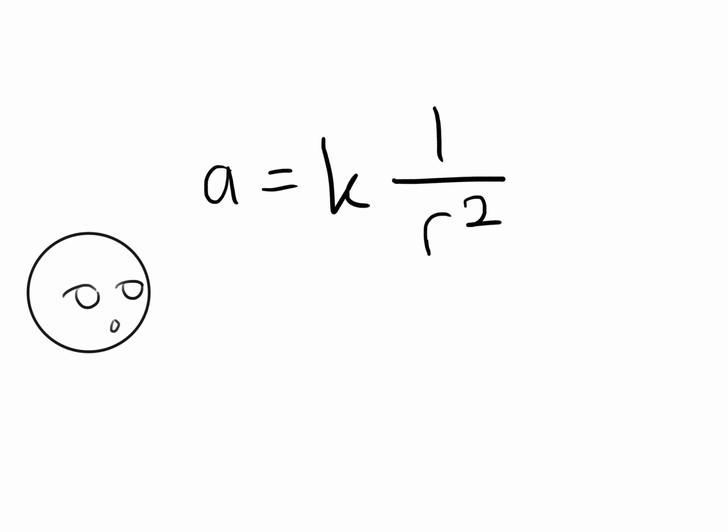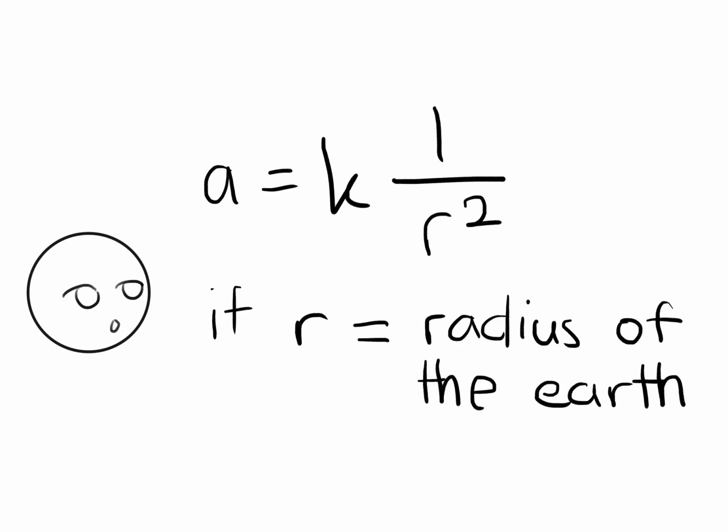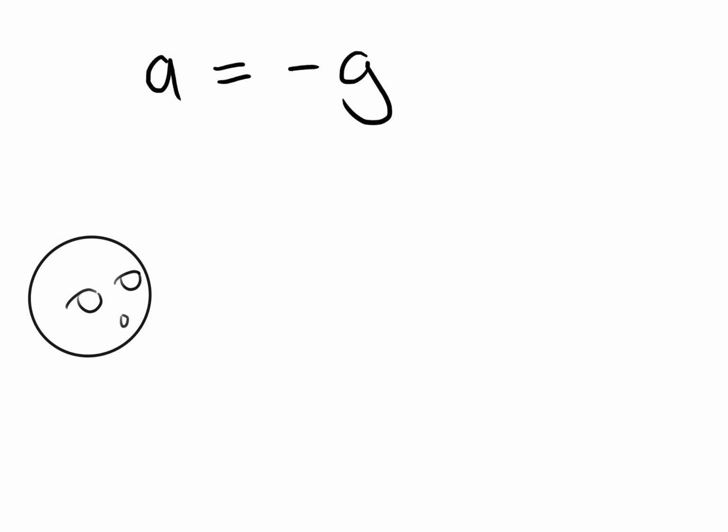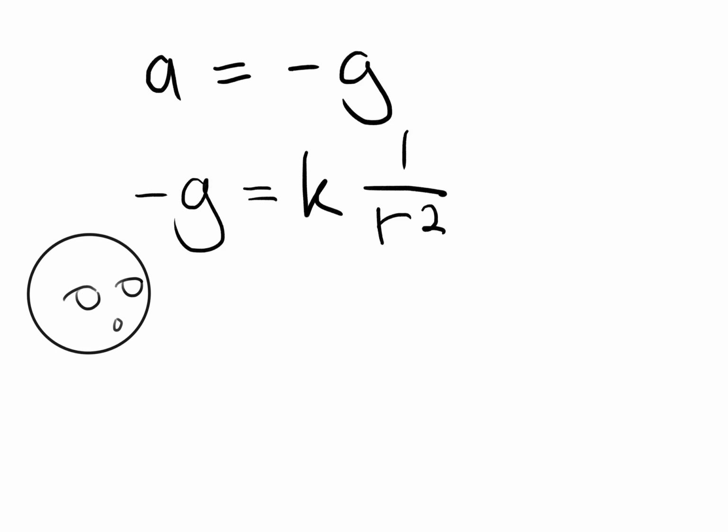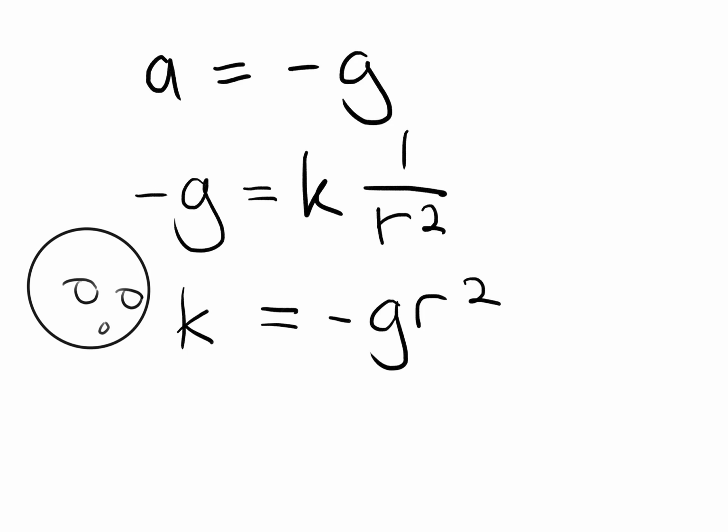Or there is another way, which is A equals K times 1 over R squared. If R is equal to the radius of the Earth, then A equals negative g. Negative g equals K times 1 over R squared. Then K equals negative g times R squared.